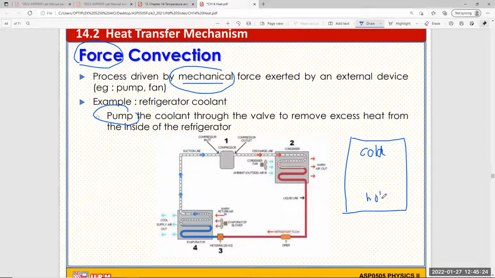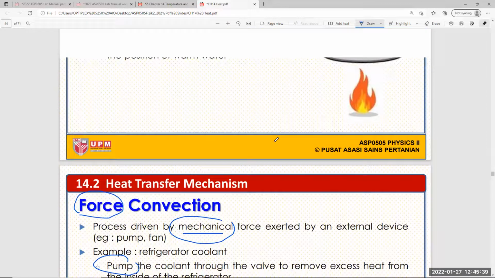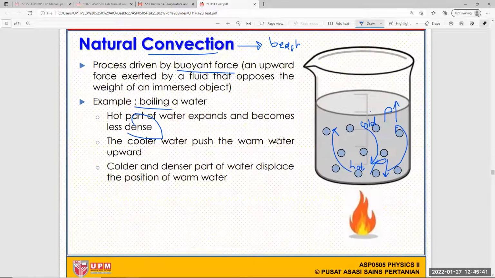So what happens? The air will flow down. It is the same, but the idea is by force. This is what we call forced convection. Anyway, we don't discuss this in detail.